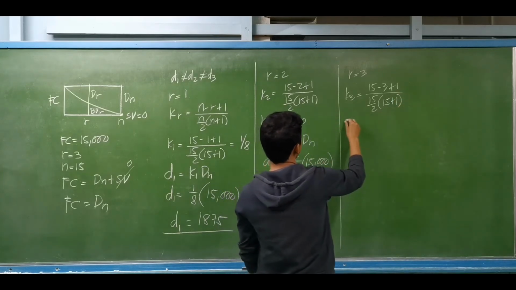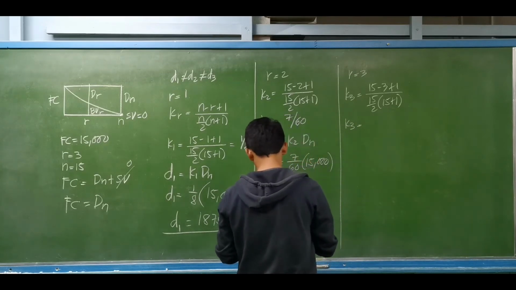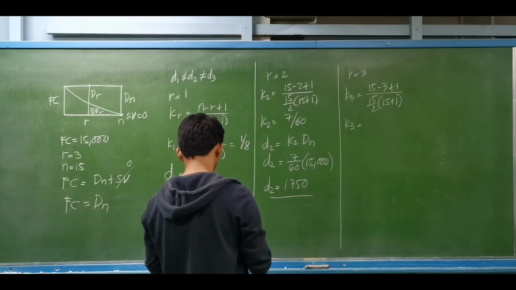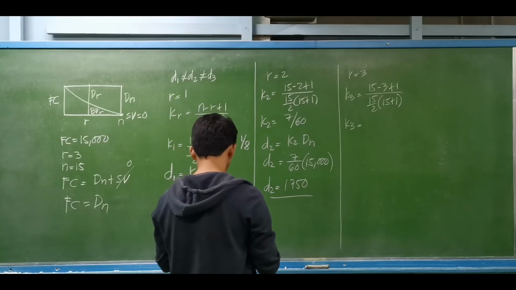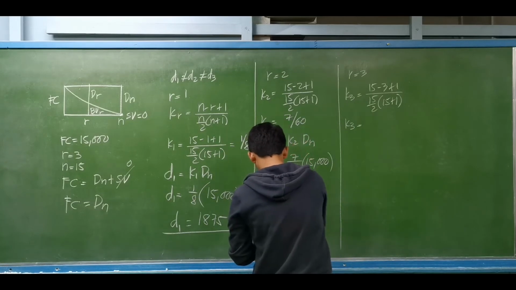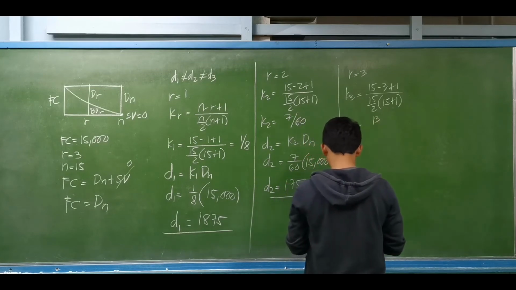So we have k sub 3 equal to 13 over, let's check.